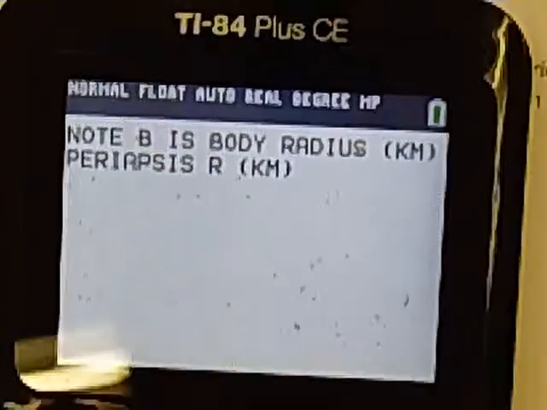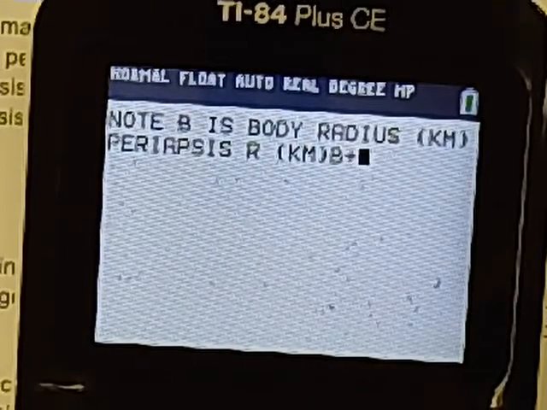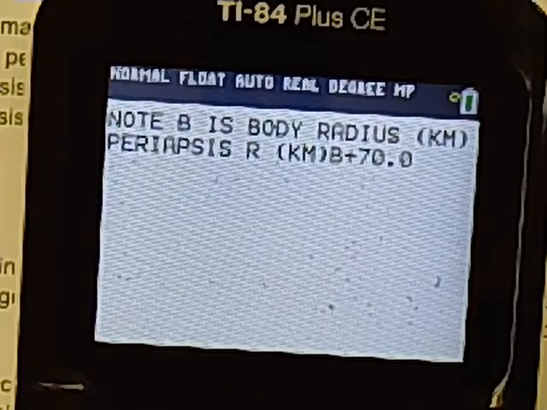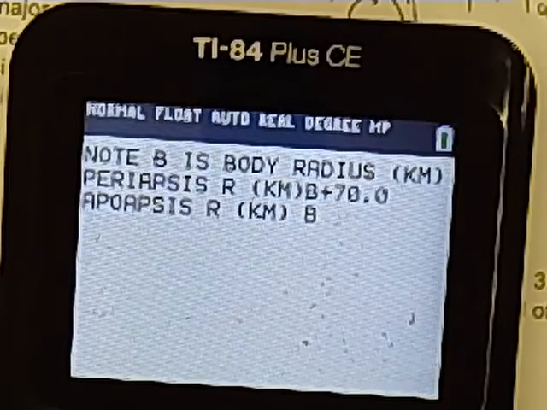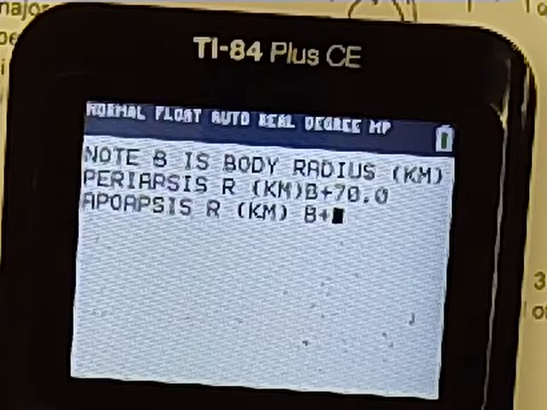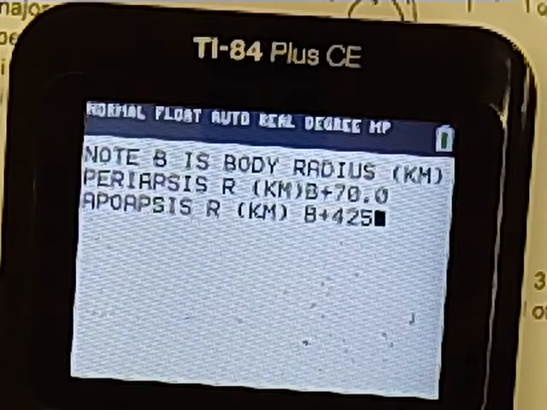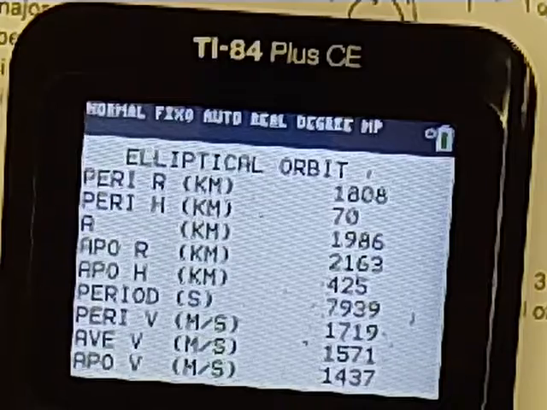For the first radius, it is the radius of the moon, whatever that is, plus 70 kilometers. For the second radius, it's the radius of the moon, which I just store as b in my calculator, plus 425 kilometers. So here's all the answers.